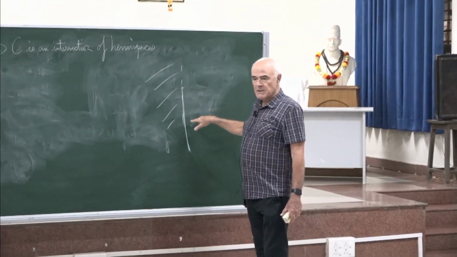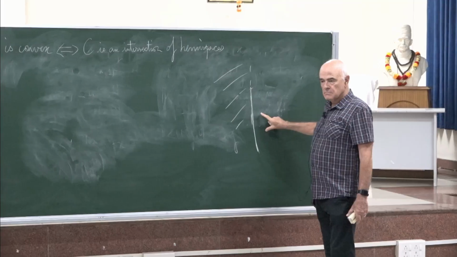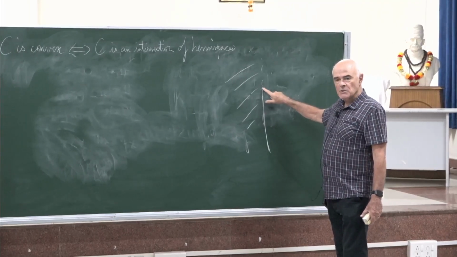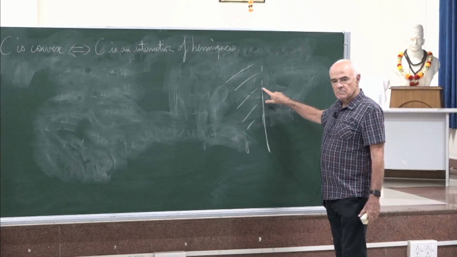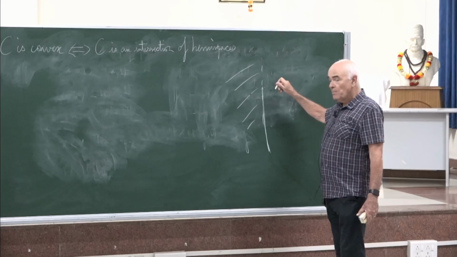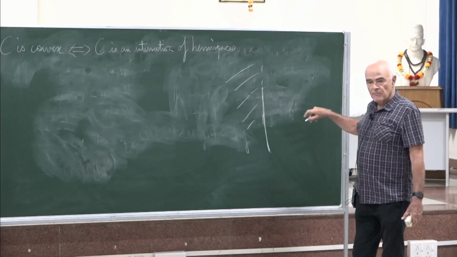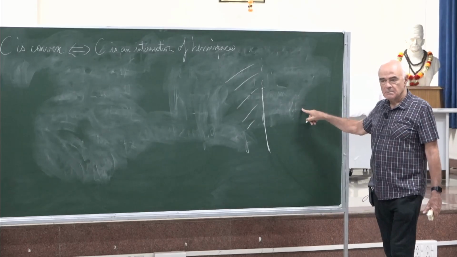This is a convex set, no matter if this point belongs or doesn't belong. And what is its complement? Another set of the same type. So it's also convex.